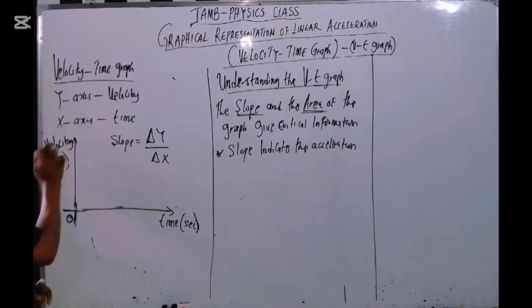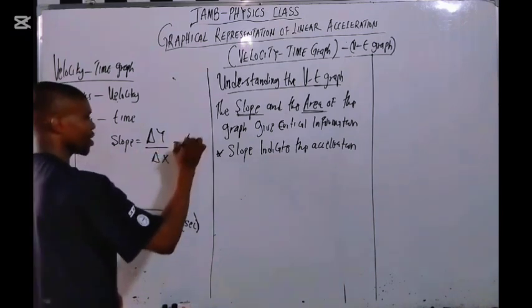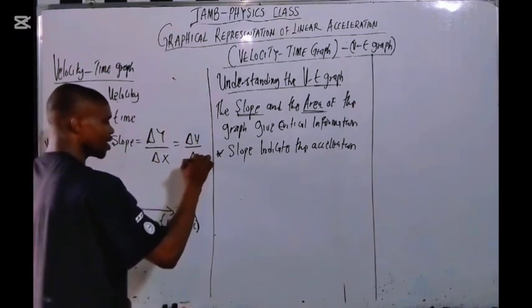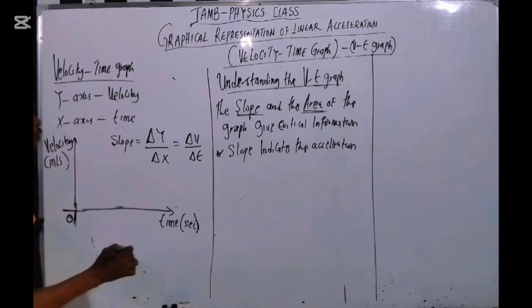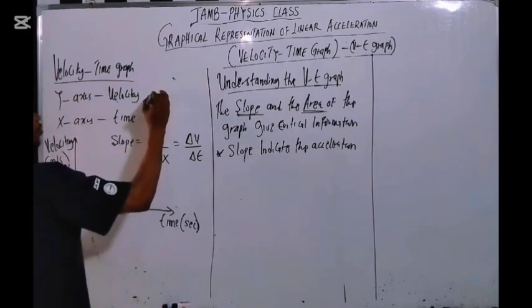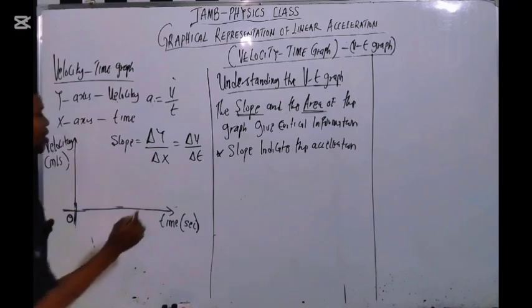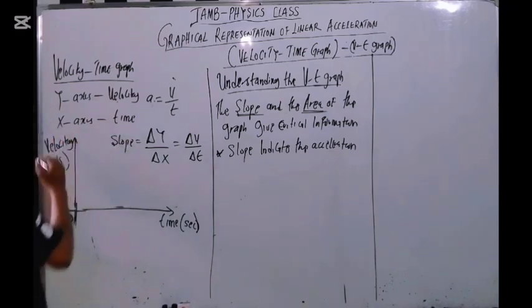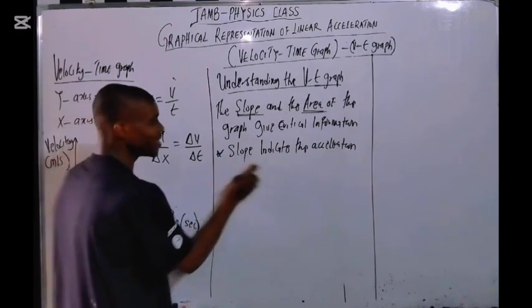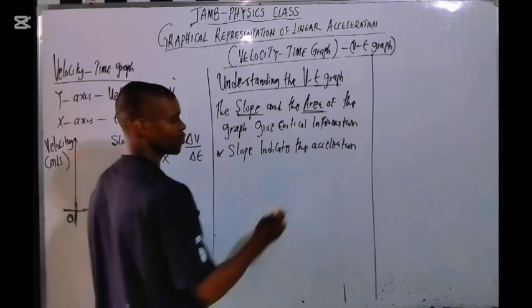Here the y-axis is my velocity, so you can see change in velocity over change in time. Acceleration equals velocity over time. So the slope of the graph is the acceleration. Do you understand?